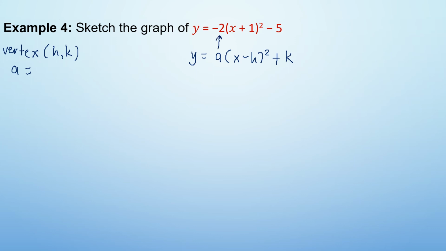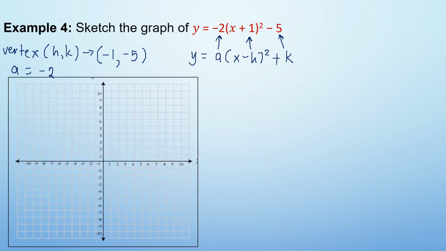The value of a is equal to -2. And the vertex is at point, the value of h is -1, and the value of k is -5. So we can now plot the vertex in the Cartesian plane, (-1, -5).